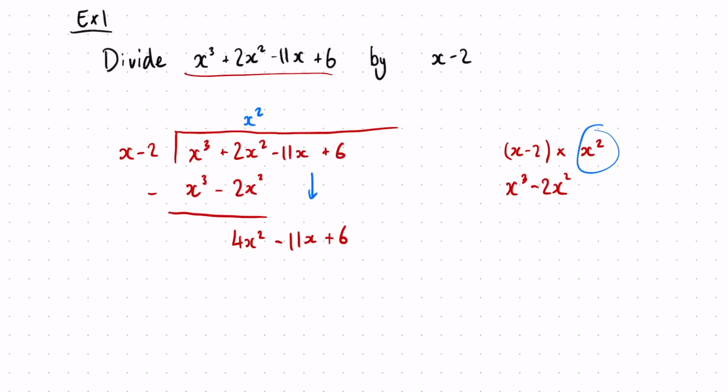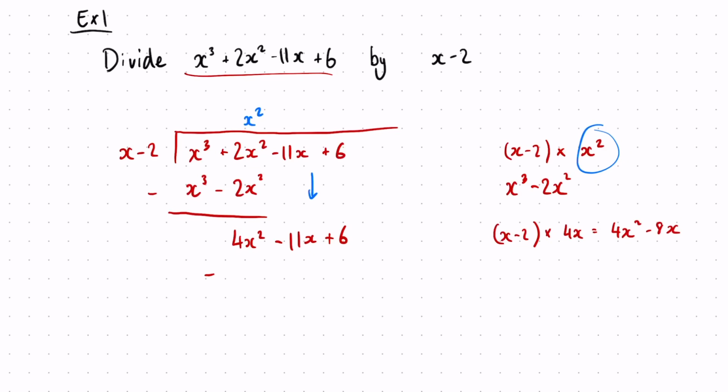Okay, so the next thing we need to get rid of is our 4x squared. This is our remaining expression, 4x squared minus 11x plus 6, so we're going to deal with the highest power, the x squared. So you have to say, what do I multiply x minus 2 by to get 4x squared? Well, I need to multiply x by 4x to get 4x squared, so this is going to give me 4x squared minus 8x, and that's what I'm going to take away this time.